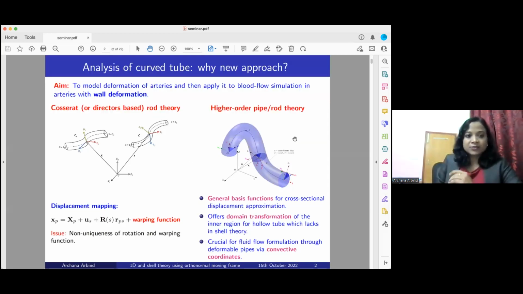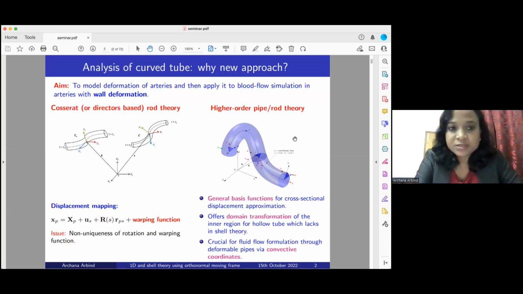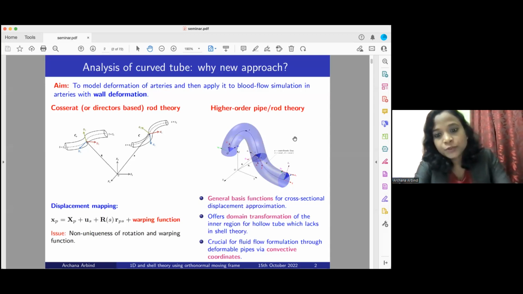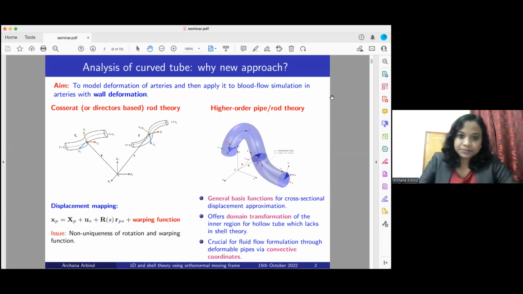So I'll start with the one-dimensional theory. The aim here is to solve the large deformation of the wall of soft tubular structures. In the literature there are lots of Cosserat based rod theories, which are director based theories, where the main focus is to model the center line deflection of a tubular structure or thin rod.